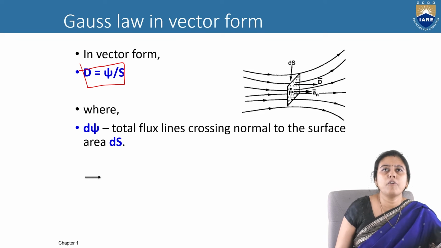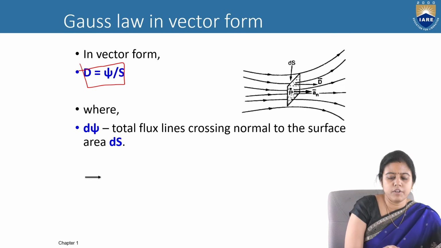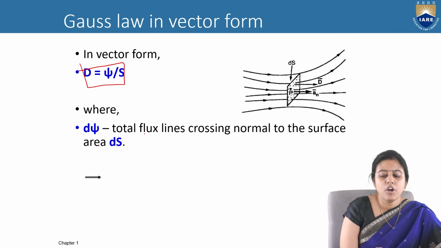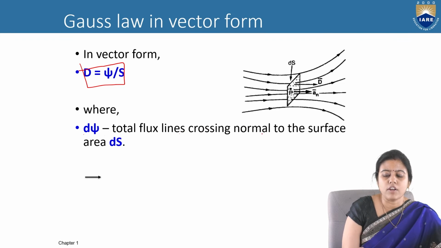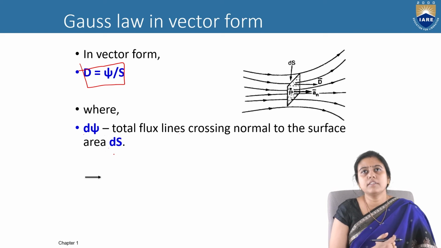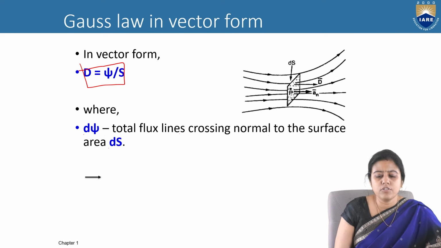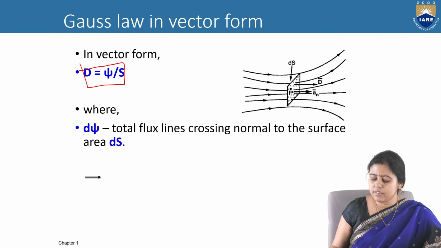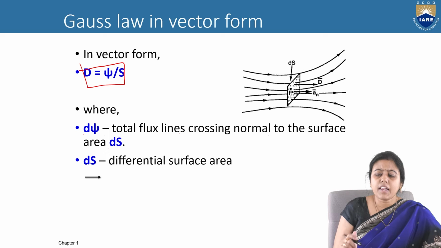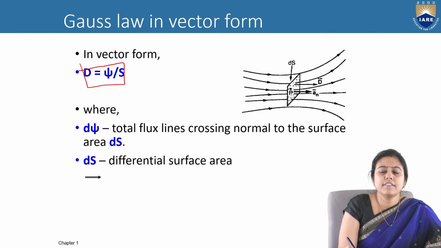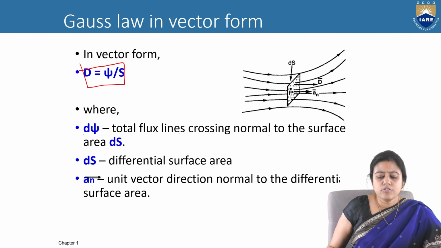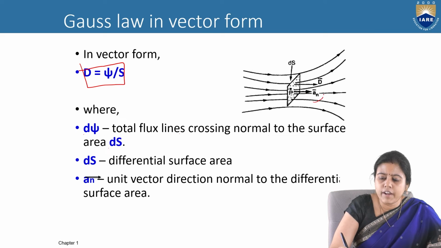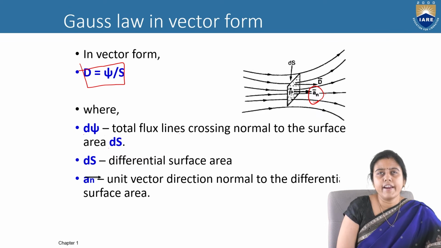If we are thinking about a very small element, d psi is the total number of lines crossing normal to the surface of area ds. What is d psi? D psi is the total lines of flux crossing normal to the surface ds, and ds is the surface area. We are also considering the direction of the differential surface.